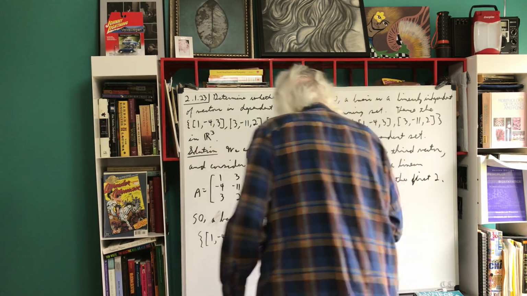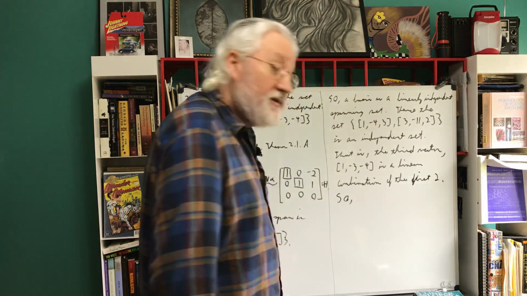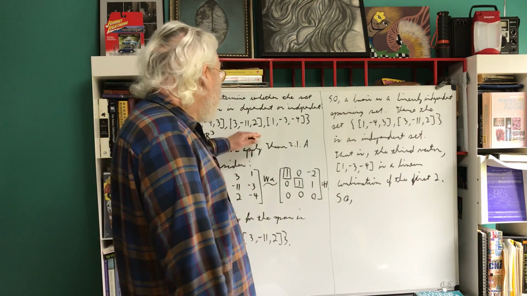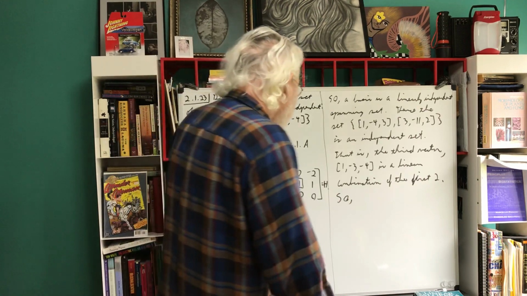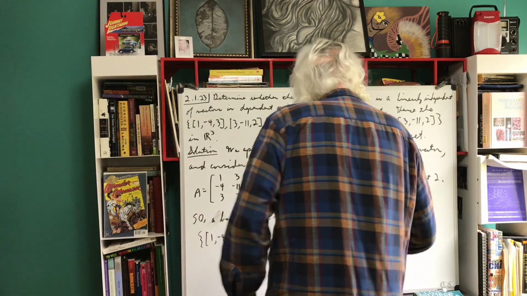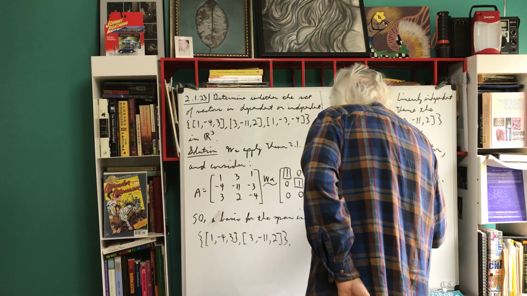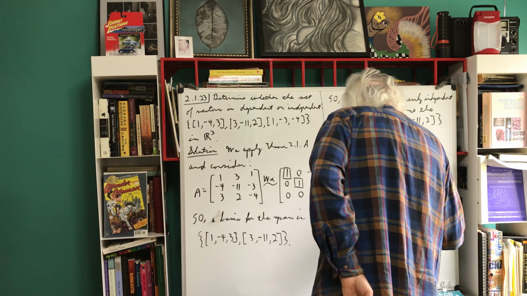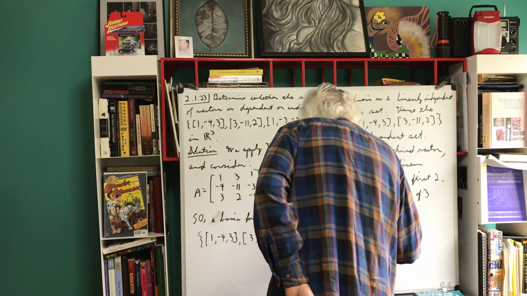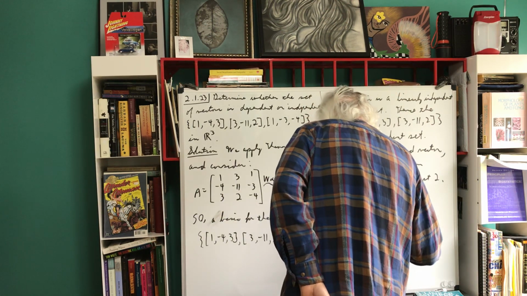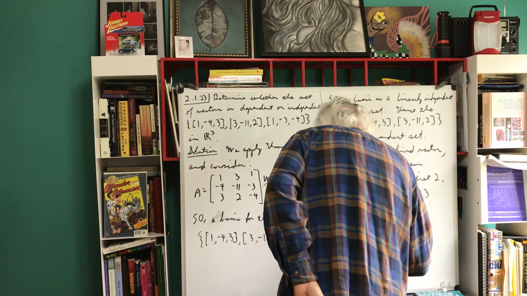So we don't have a linearly independent set of three vectors. We have a set of three vectors, the first two of which spans the same set spanned by all three of them. So the given set of three vectors is linearly dependent.